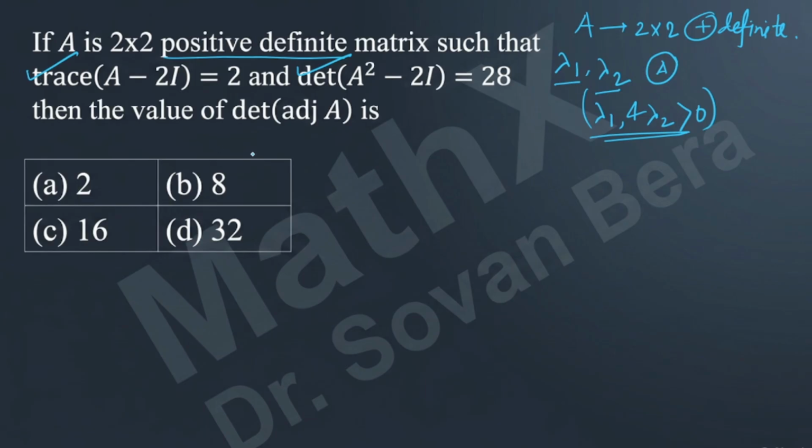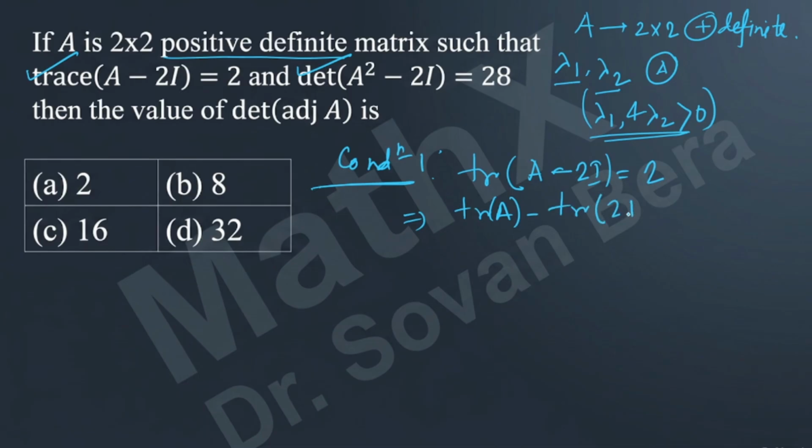Now from condition 1, trace of A minus 2I equals 2. That is, trace of A minus trace of 2I equals 2.